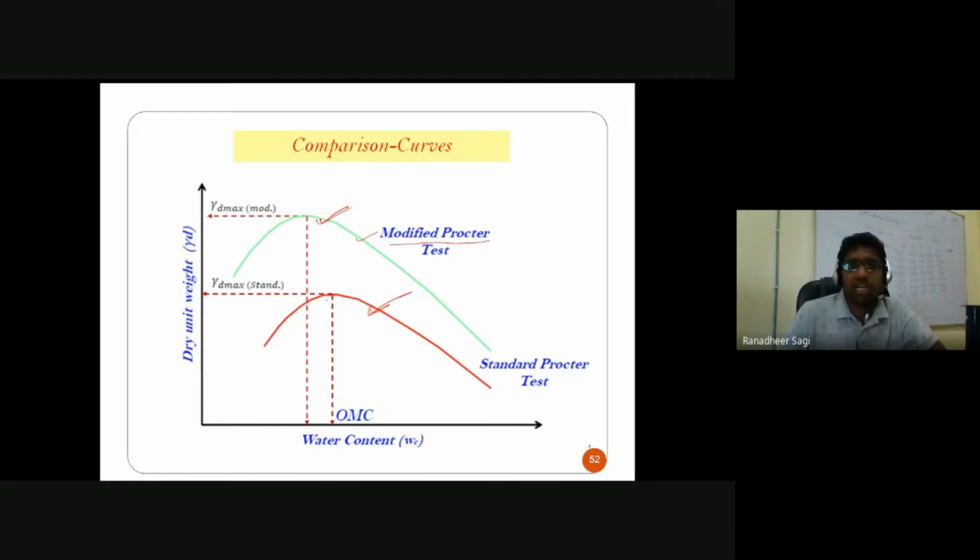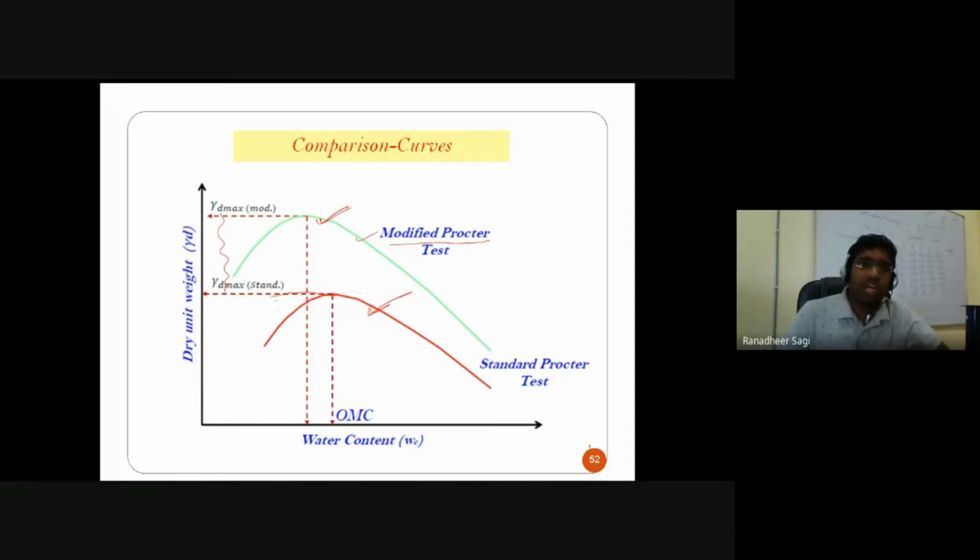What is clearly understood is, as the compactive effort increases from the standard Proctor test to the modified Proctor test, it is obvious that the maximum dry density you achieve from the modified Proctor test is higher than that from the standard Proctor test.